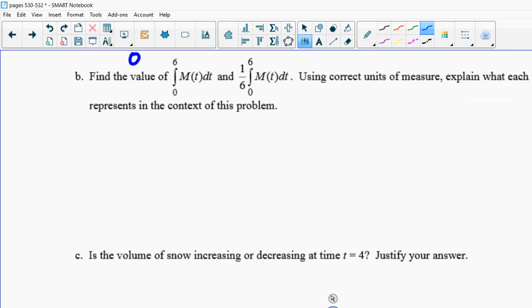Now let's look at these two. We need to find both of these values. Now you should have M of t in your Y2, yes? Okay, I want you to run this, and I want you to run this.